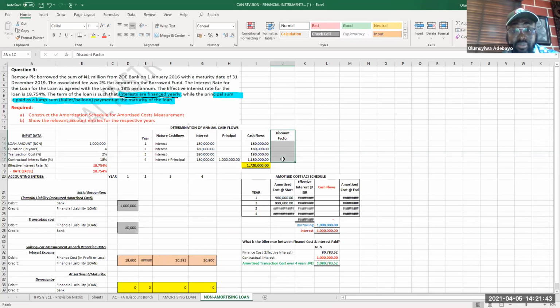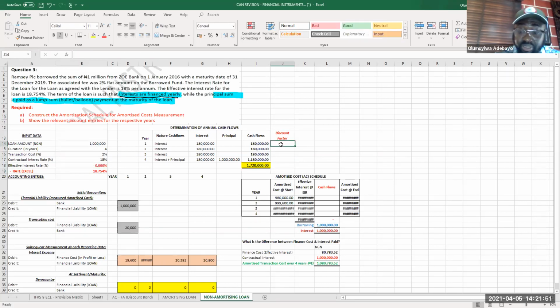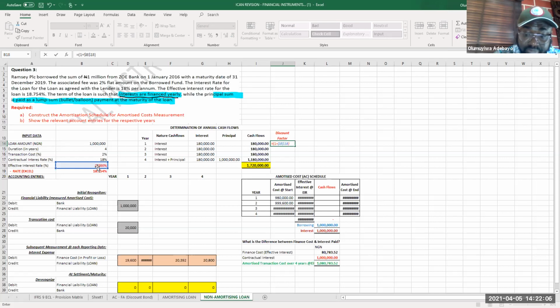Now I can just put, assuming my discount factor is 0%, I put it there. 1 plus R. I lock it because it's a constant variable. Raised to power minus N.